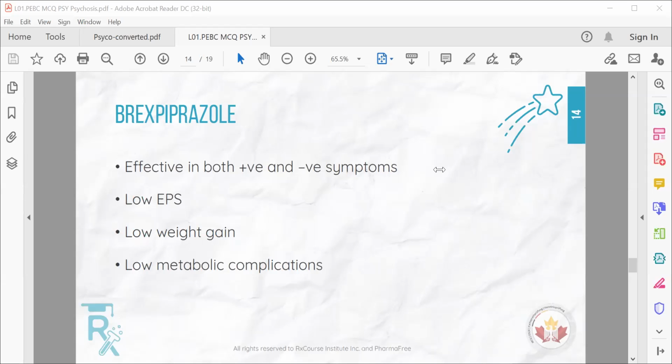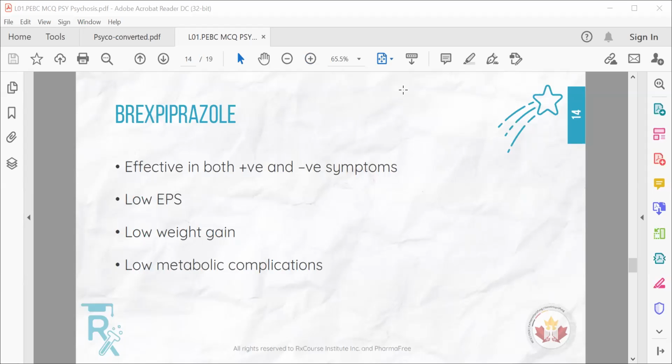Yes. Okay. Do you know why this new medication will be associated with fewer extrapyramidal side effects? No idea. What do you think? Okay. What was the reason for some medications to cause extrapyramidal side effects?